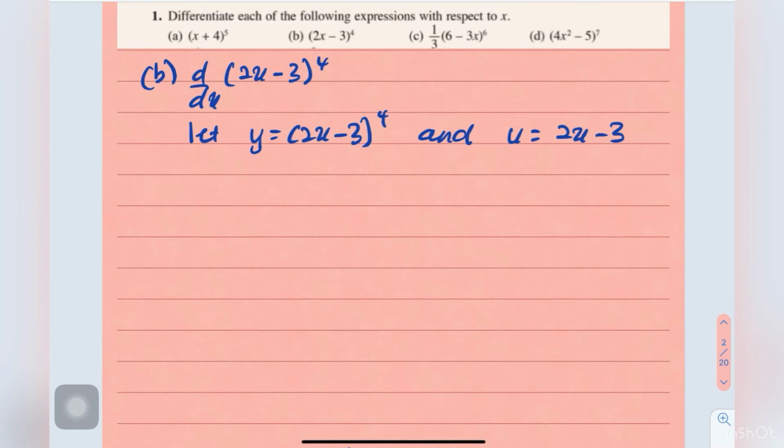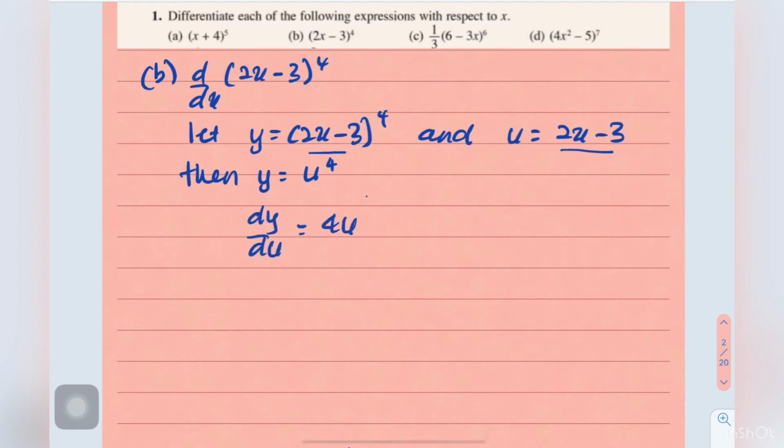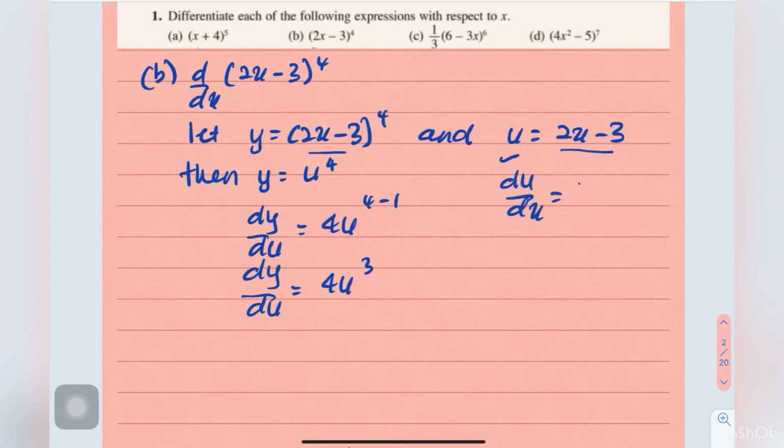Then y equals u power of 4. Y in terms of u, you differentiate, we get dy/du equals 4u power of 4 minus 1, so dy/du equals 4u power of 3. Here we have u in terms of x. We differentiate, we get du/dx equals 2.